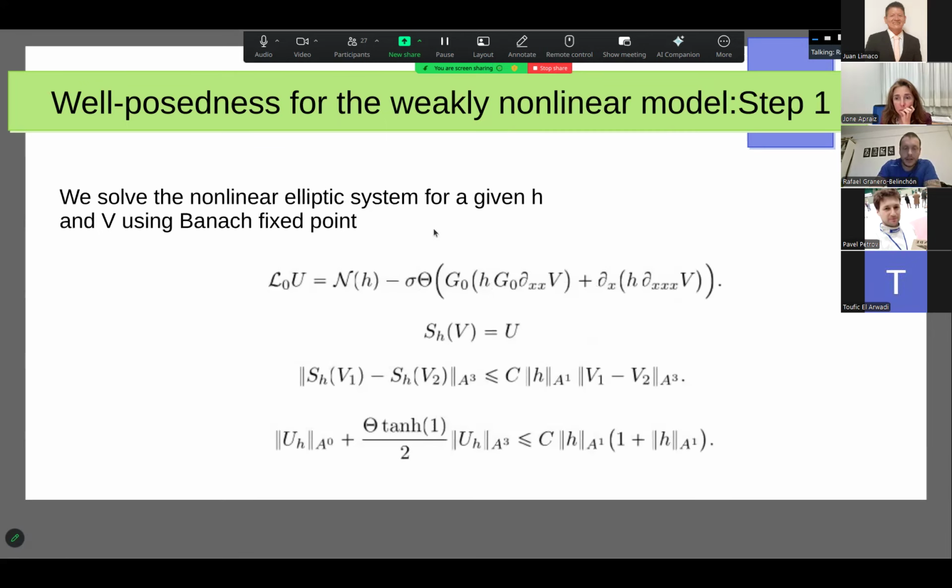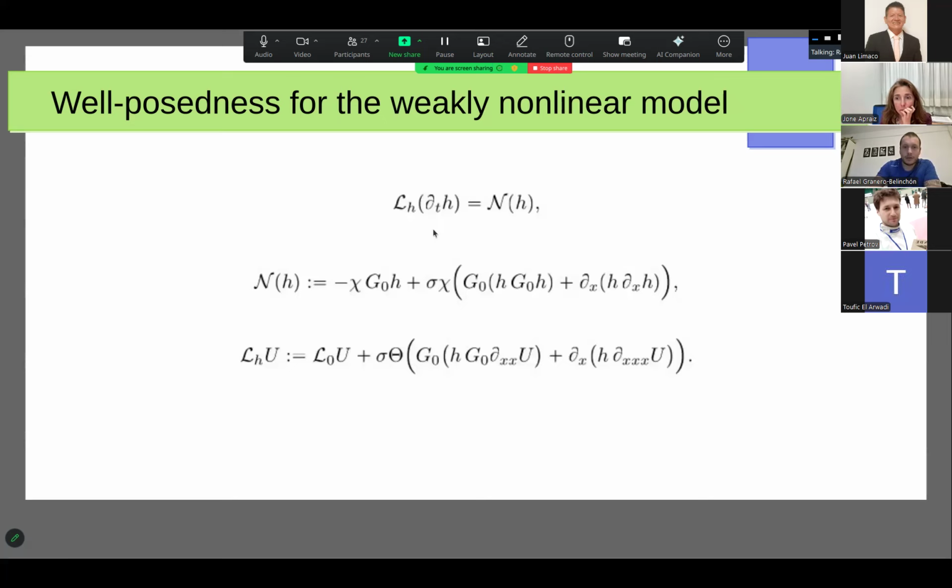Okay, so then the idea we are going to follow is the following. In order to prove the existence of a mild solution, the scheme would be the following. Let's say I have a given h, let's say h bar, and then I will put an h bar right here.